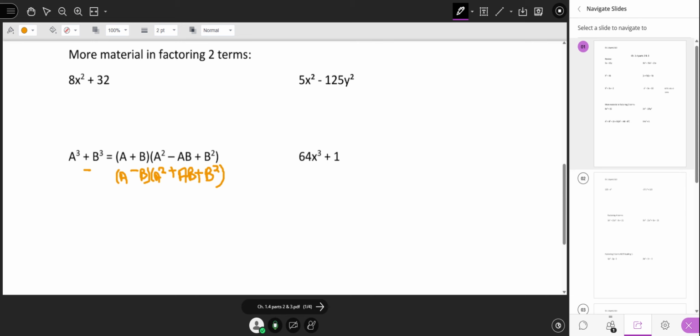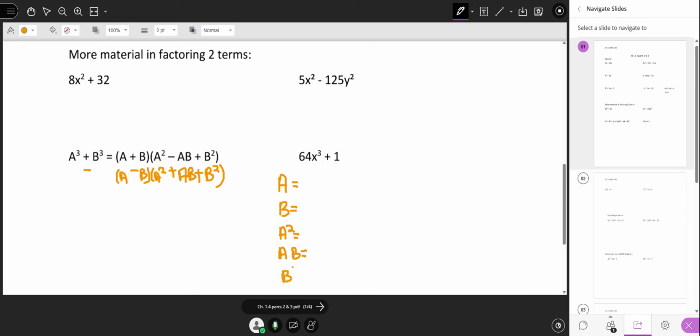Now, when you do this, remember, I want you to do A equals, B equals, A squared, AB, and then B squared.